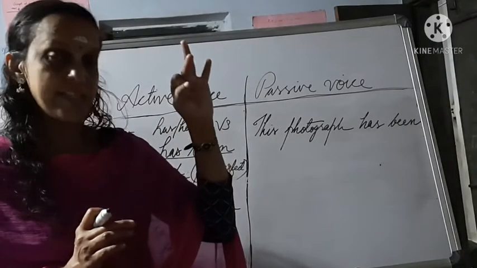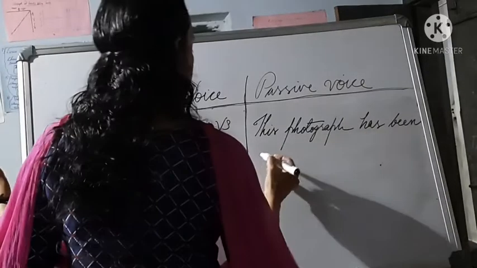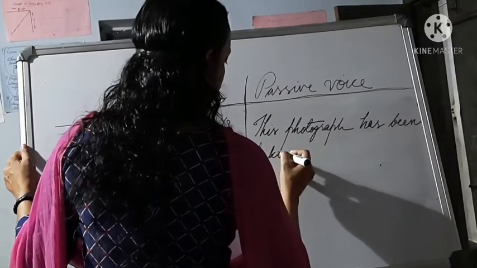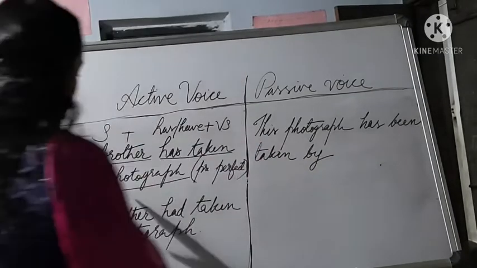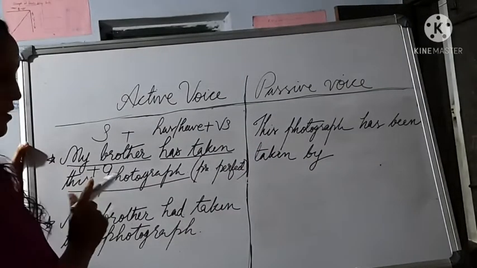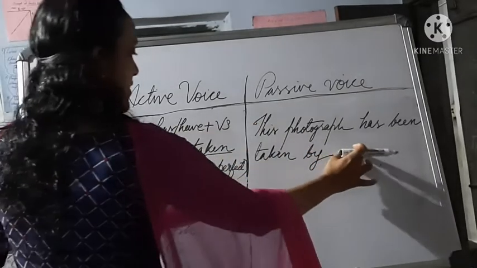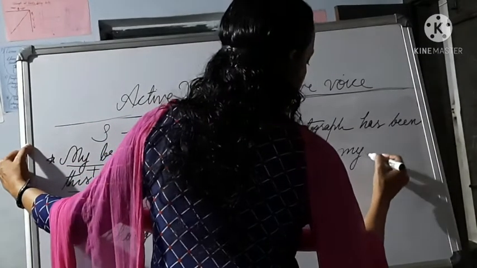And that taken is the V3 form. So has been taken. Then you have to use the special word by. By whom? My brother. So my brother is the subject here. You take that subject and place it here. Taken by my brother.